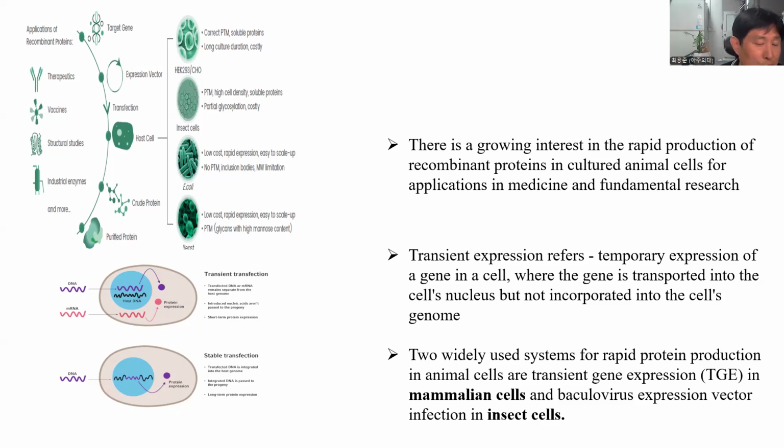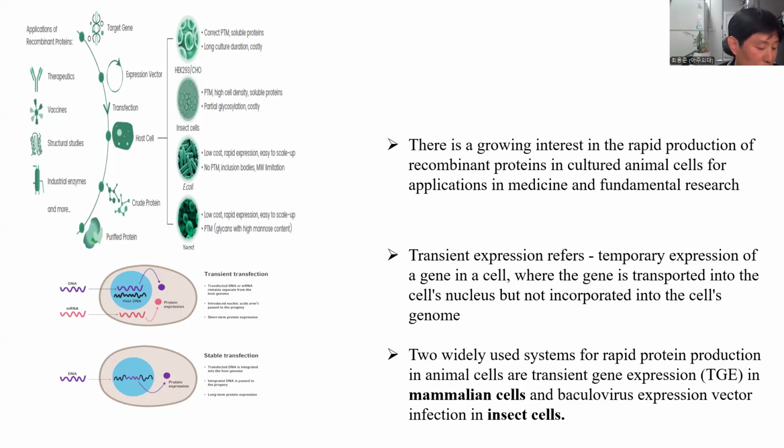And also, when we choose the expression system, we need to consider which promoter we use, right? For each system, its own promoter should be used. For example, for E. coli, we need to add a bacterial promoter. We usually use T3 and T7 promoter.